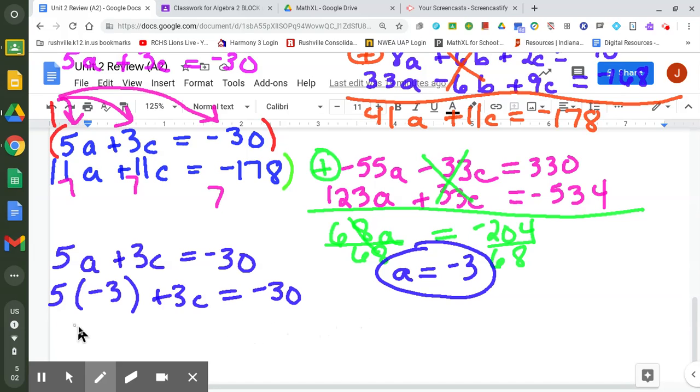And then I'll solve for that c. So 5 times negative 3, negative 15, plus 3c equals negative 30. And then I will add 15 to both sides of the equal sign.